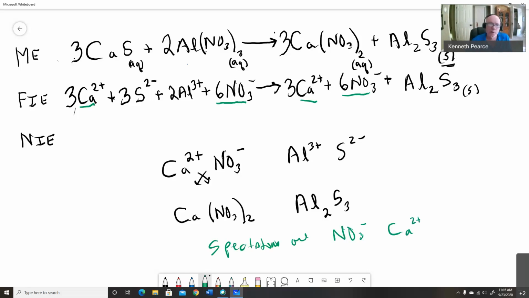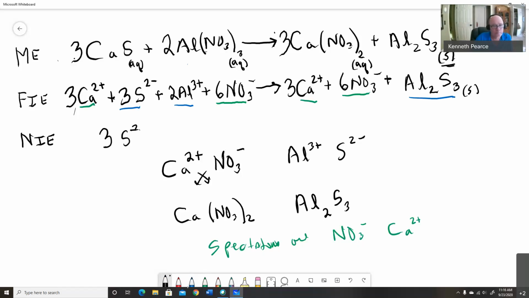Those are our spectators because they're the same on both sides. Okay, and so now we can take whatever's left over, and those are what end up in our net ionic equation. There they are.